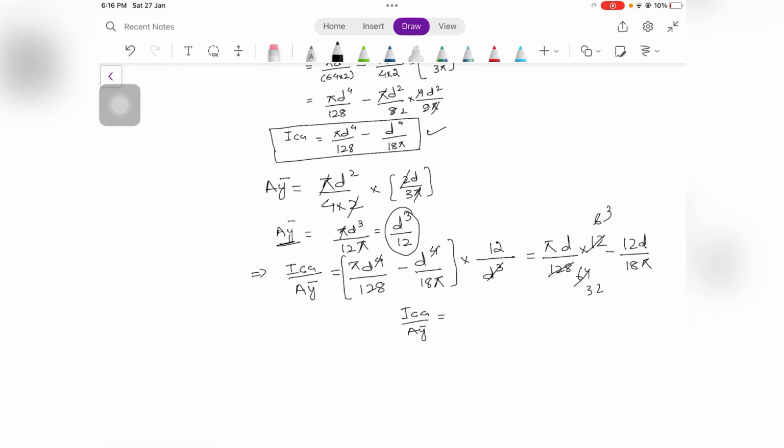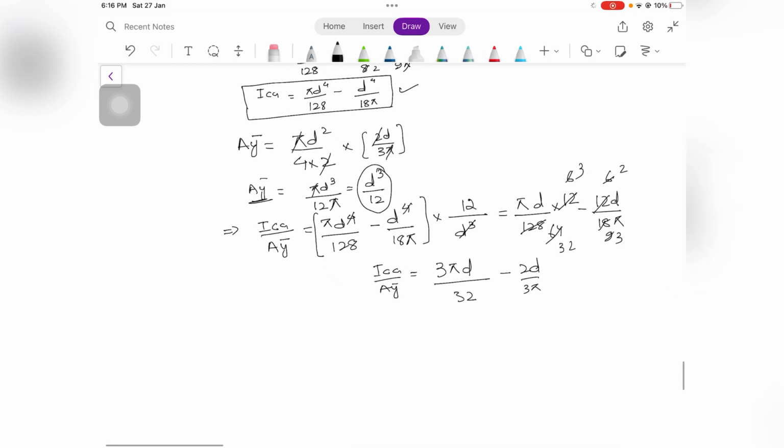So this is 3 times pi d upon 32 minus 2 times d upon 3 pi. All right, so this is the second part of this equation.